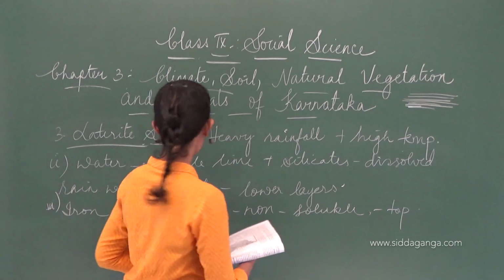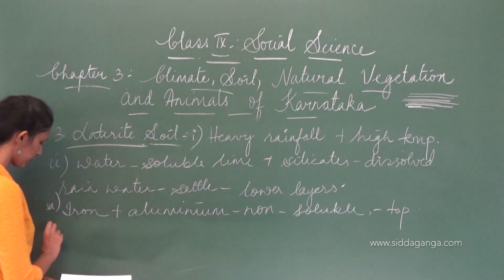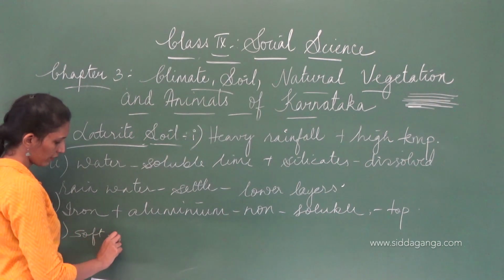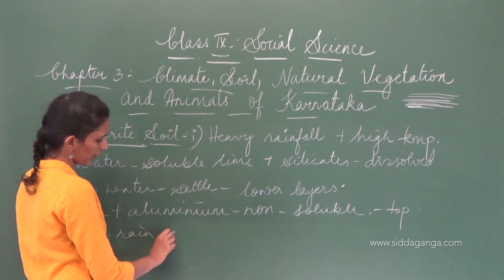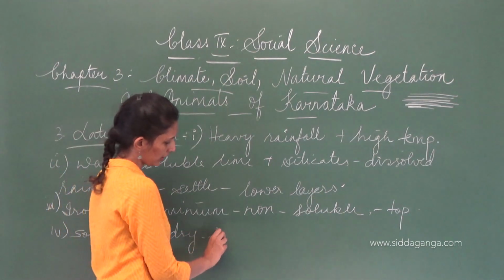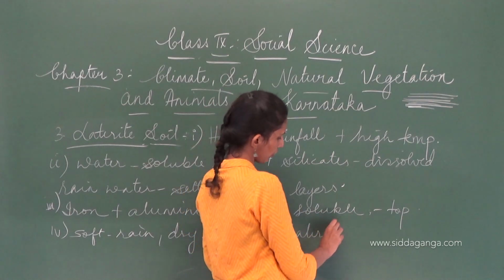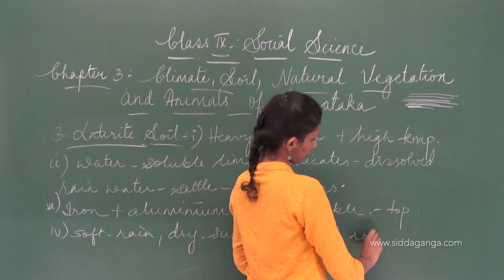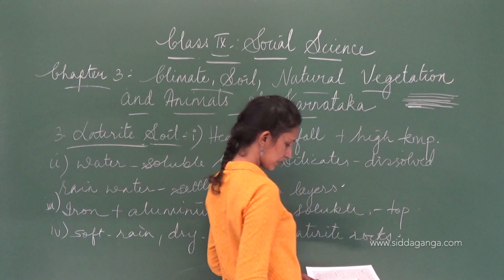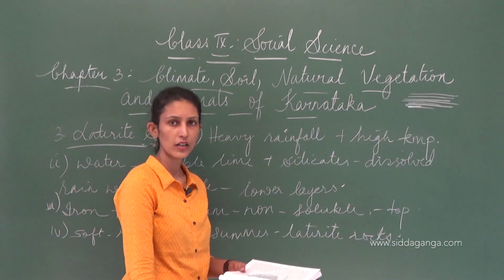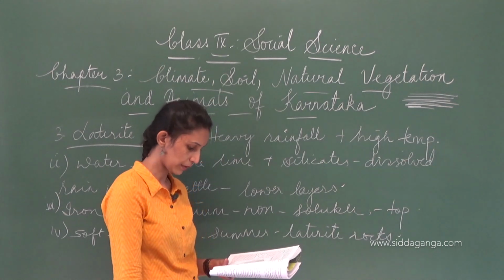Now understand this like this, the fourth point: soft during rain and dry during summer, because of this it gives rise to the formation of laterite rocks, and this is used for construction purposes like bricks.